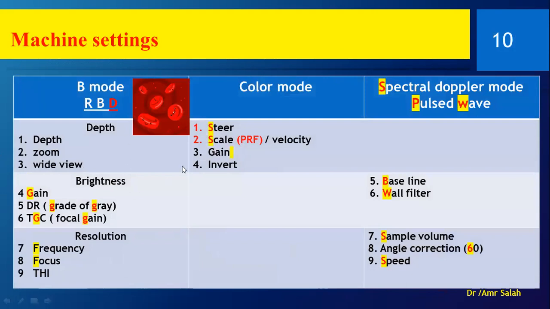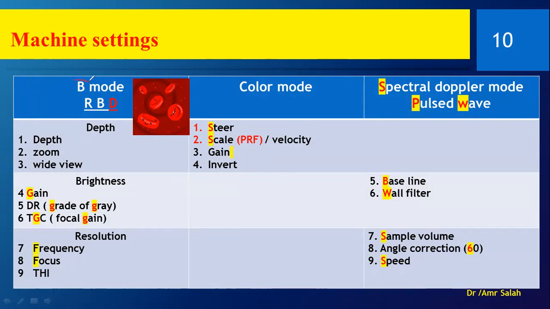This is the roadmap. In this very nice list, we will learn the main set of parameters that we have to control in order to know how to do the examination swiftly and without problems and to reach our diagnosis right.